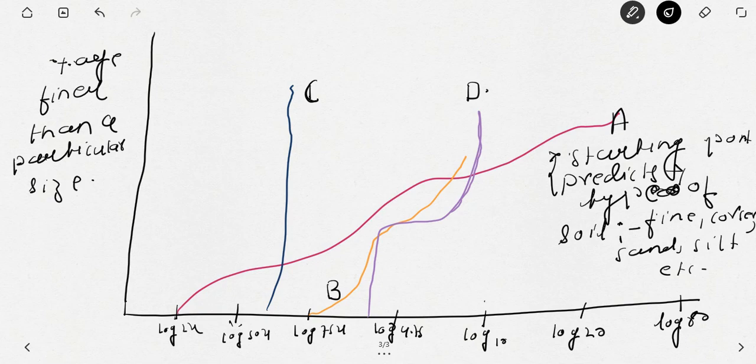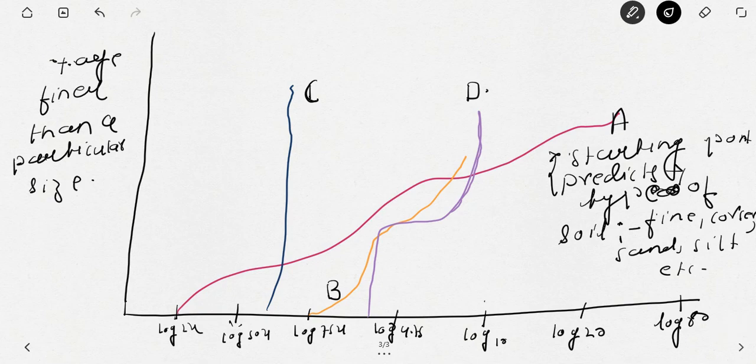Now look at the shape. What does it signify? Shape signifies the distribution of particles in a soil. This curve is for a particular soil A, and the curve goes like this, meaning the soil has all sizes. This is the gradation.